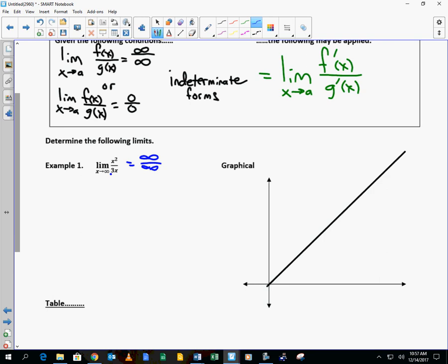Think about the graph. The graph of 3x is a line, but x squared is a parabola. So you can see that for a while, the line is bigger than the parabola. It's on top. But eventually, the parabola overtakes the line, and the parabola is greater than the line for the rest of the time.